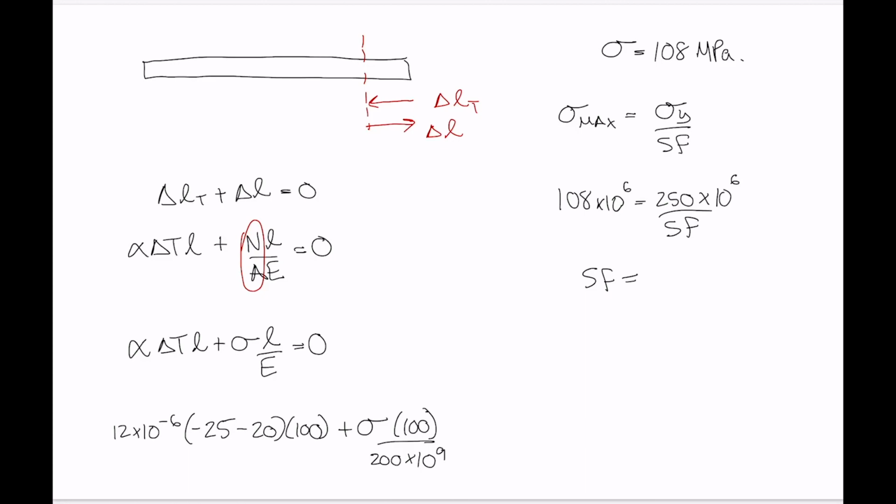And the safety factor there, when we do the math, comes out to be 2.3. That's less than 3. So according to our design safety factor, this girder is not safe purely by the stress that is caused by that temperature difference. Because 2.3 is less than 3, not safe.